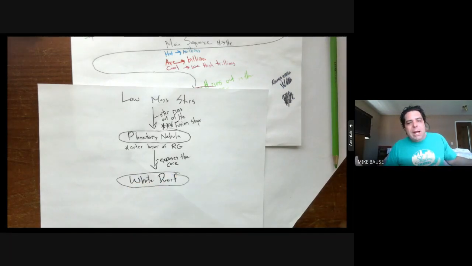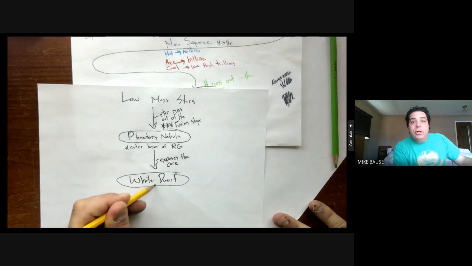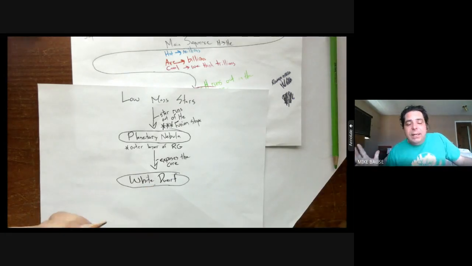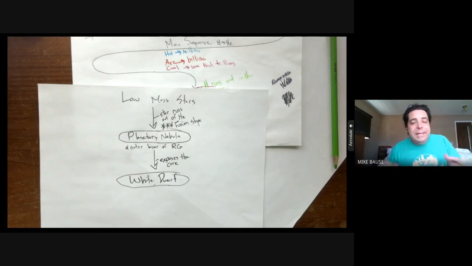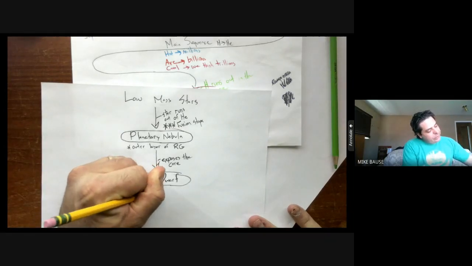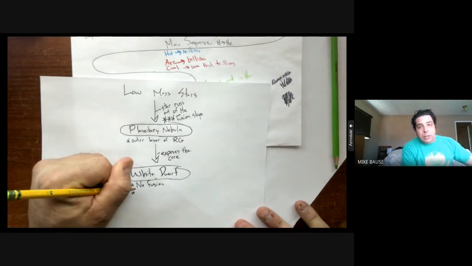Why are they so hot when there's no fusion? These are the remains of the core of a star, right? That core has been fusing elements for billions of years. There is a lot of stored energy in there. And that's what's glowing, right? There's no fusion because that stopped a while ago. It's white hot because of stored energy.